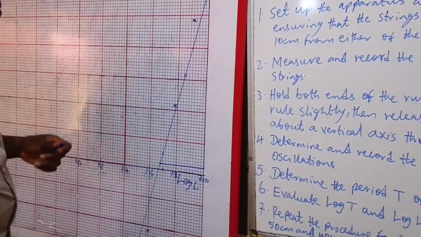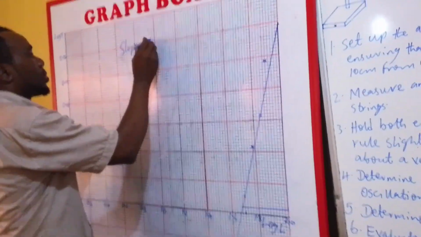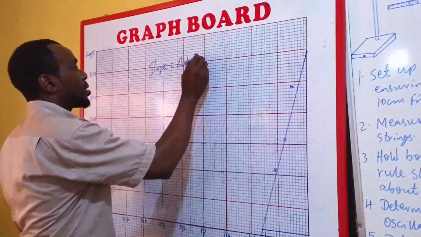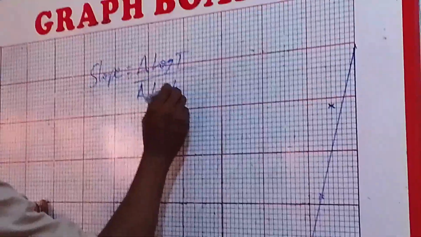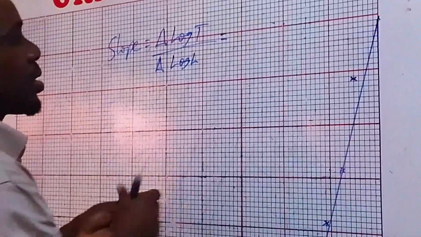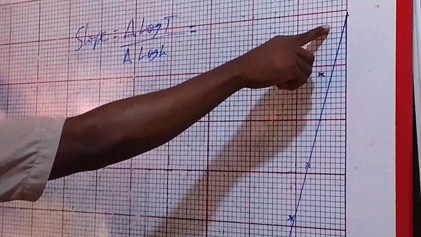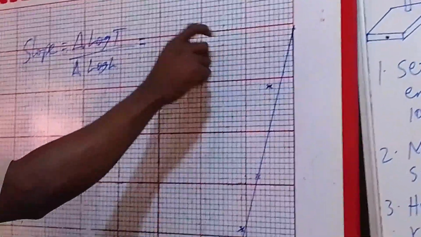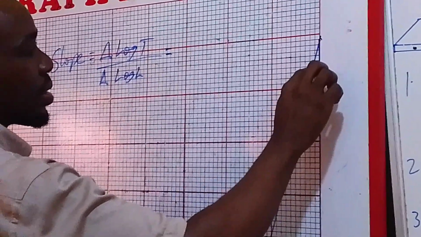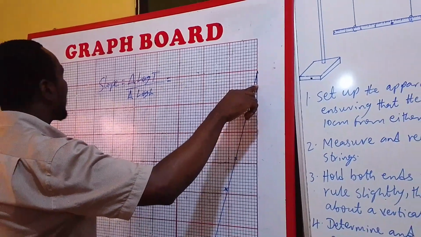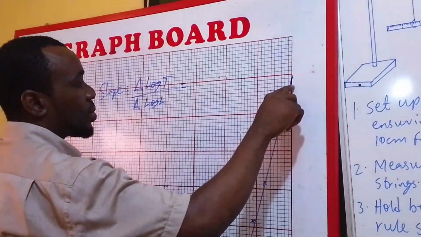Okay, slope here is equal to change in log T over change in log L, which means this point here is 0.12345. Here is 0.11: 1, 2, 3, 4.